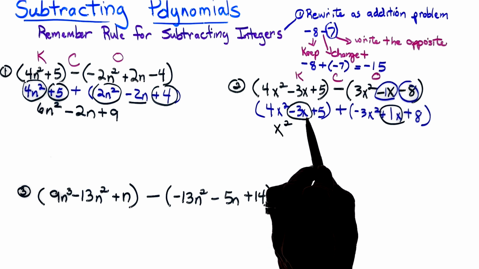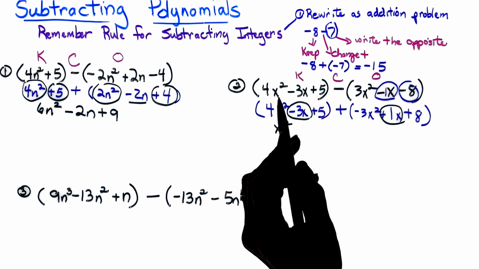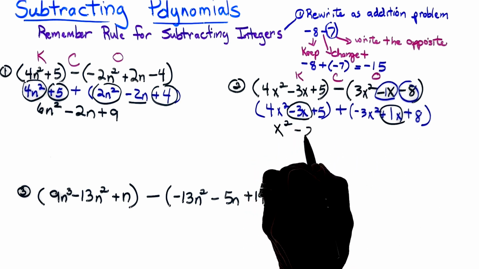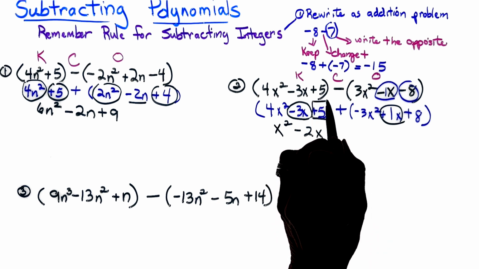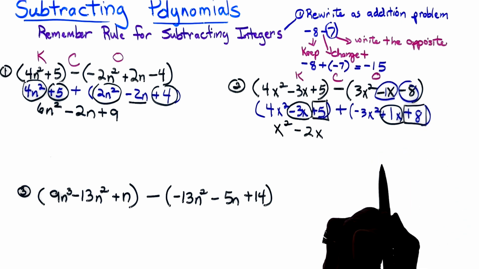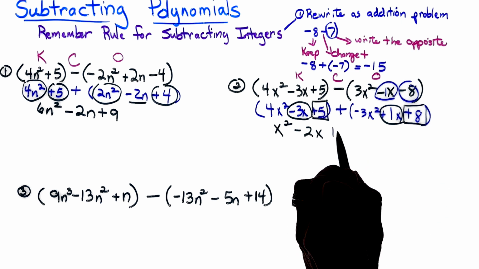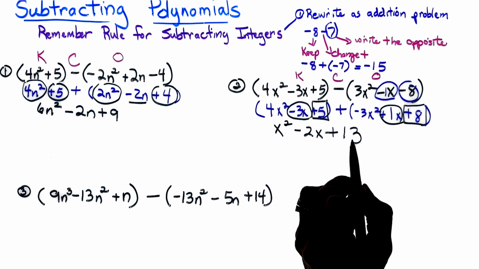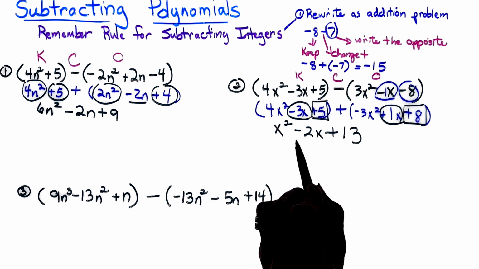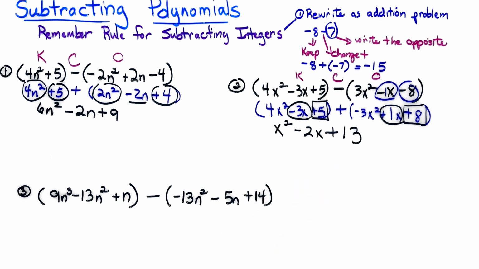It's a negative 3x plus a 1x is a negative 2x. And last, we will do our numbers. They're both positive, so that would be plus, and 5 plus 8 is 13. So our answer is x squared minus 2x plus 13.